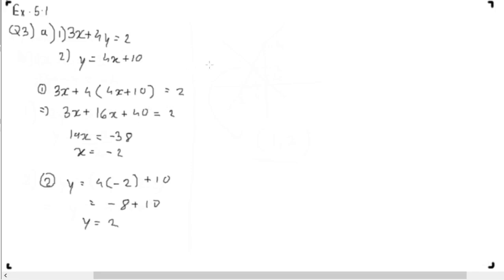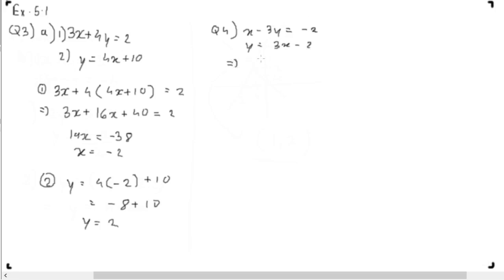So similarly, let's do question 4. Question 4 is pretty much the same thing. This is x minus 3y equals minus 2, and y is equal to 3x minus 2. Again, we can plug this back in.